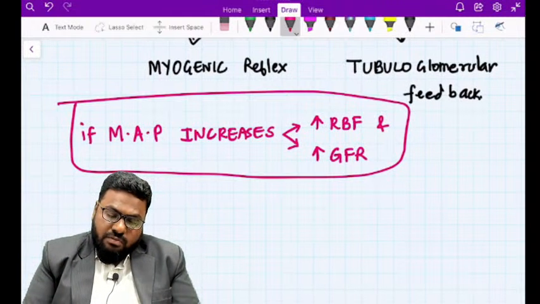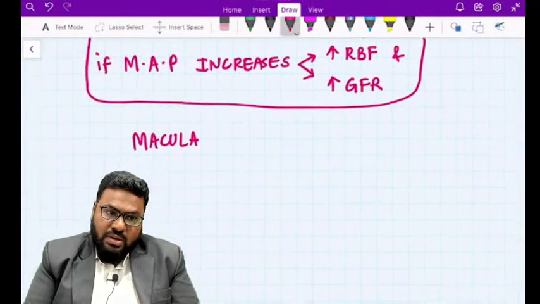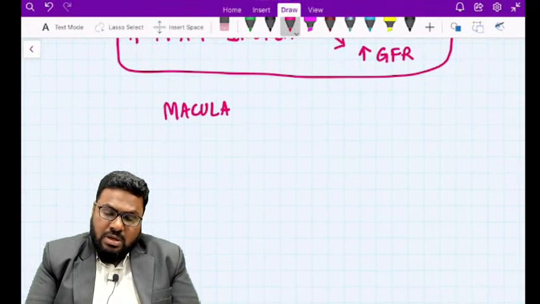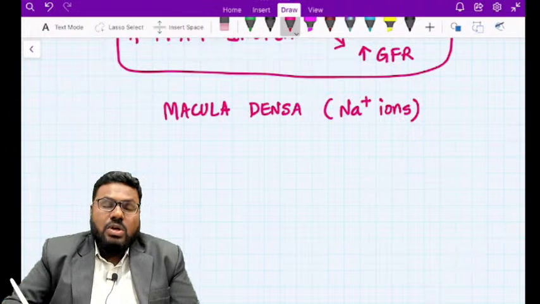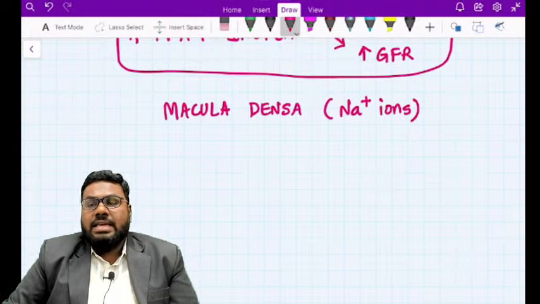The area of macula densa senses the sodium ions which are delivered here.